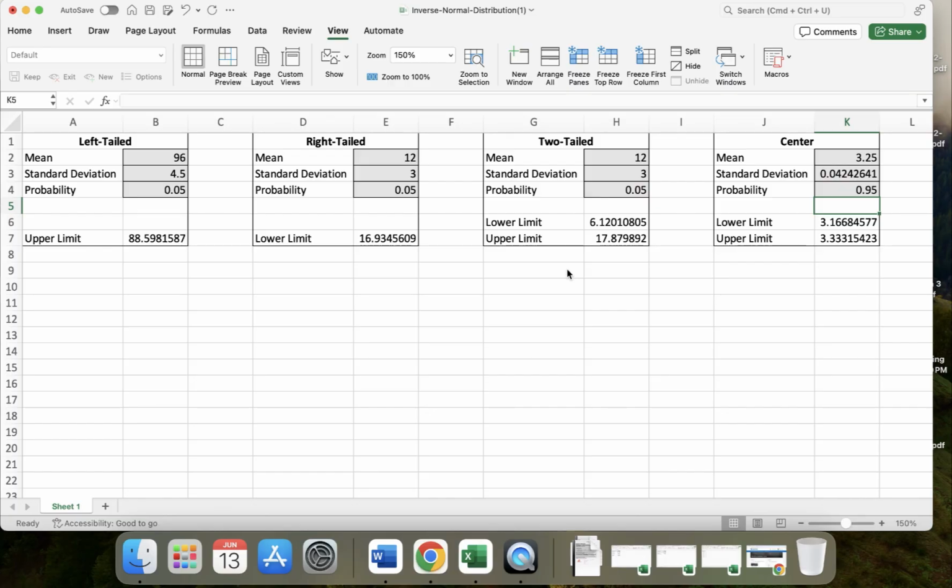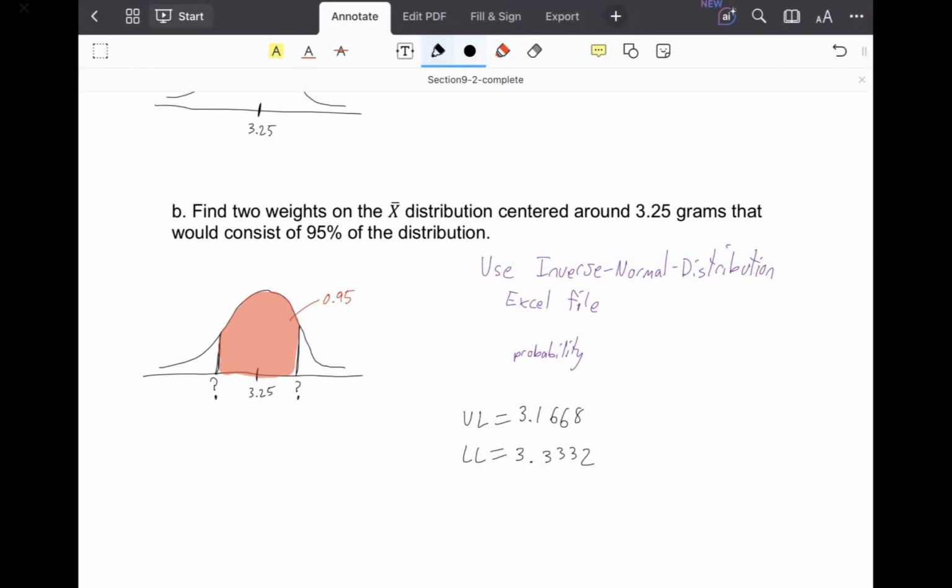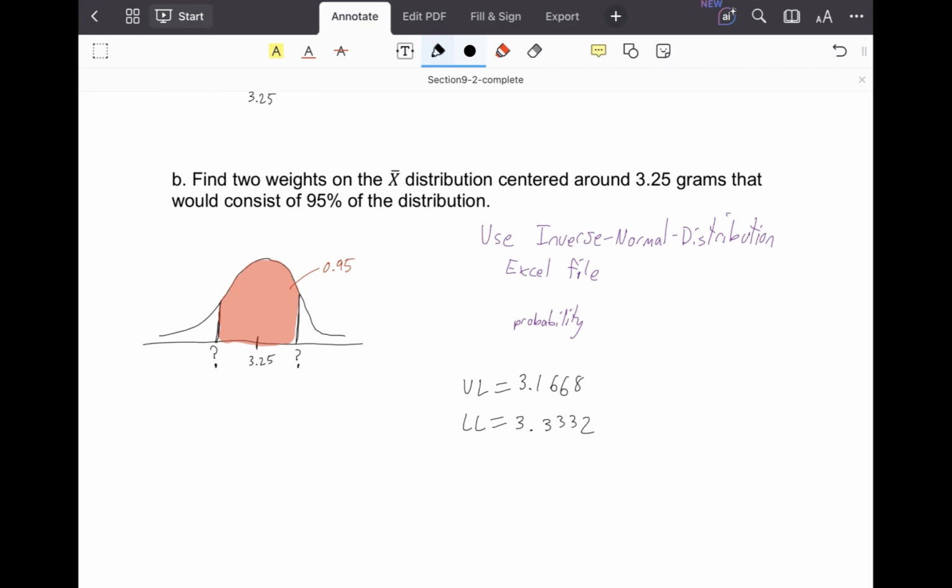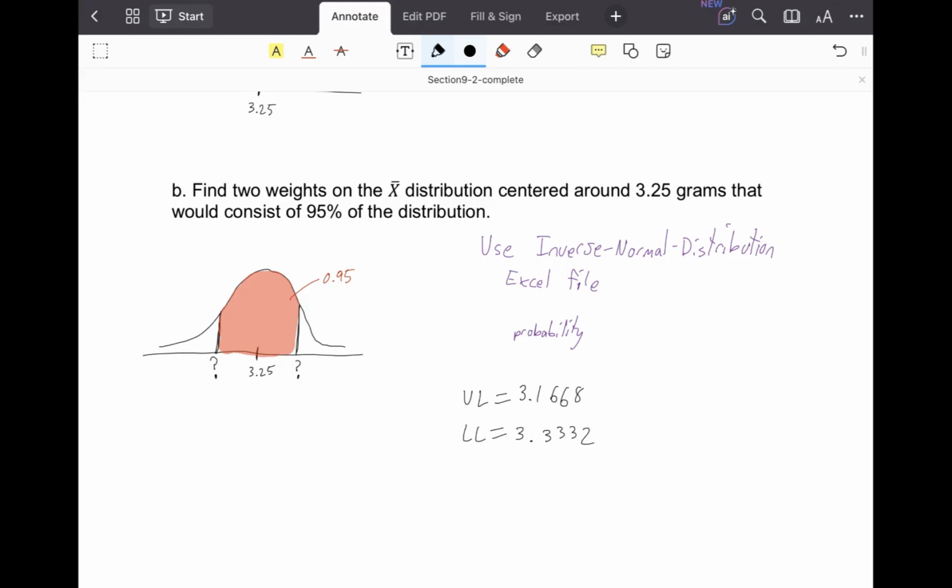Okay, now you may be saying, oh, lower limit, upper limit, that feels like a confidence interval. And yes, you'd be right. There are a few differences because we're not going to be using the normal distribution for this situation, but it ends up being really close when we use the t-distributions.